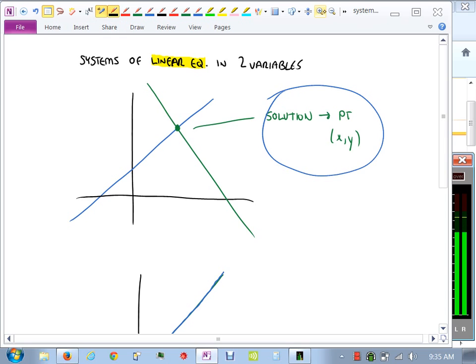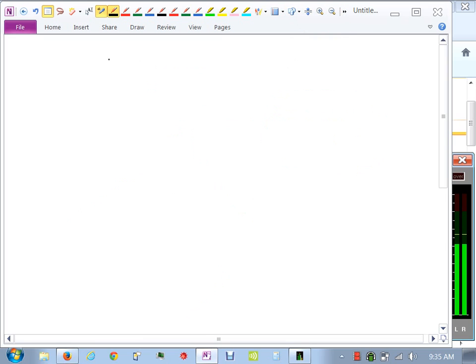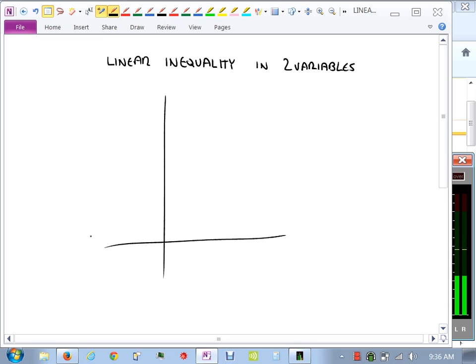Now, after that, we discussed the next idea, which was a linear inequality in two variables. And for this, what we had was, same thing, a line, right?